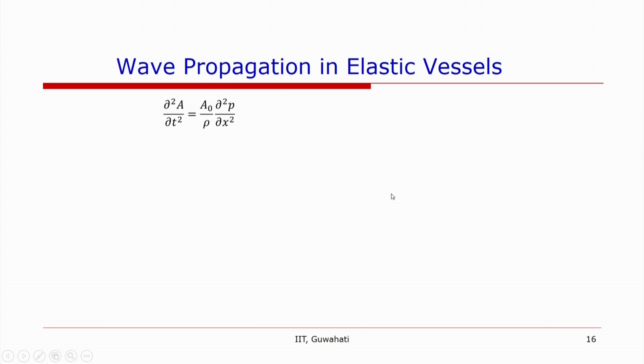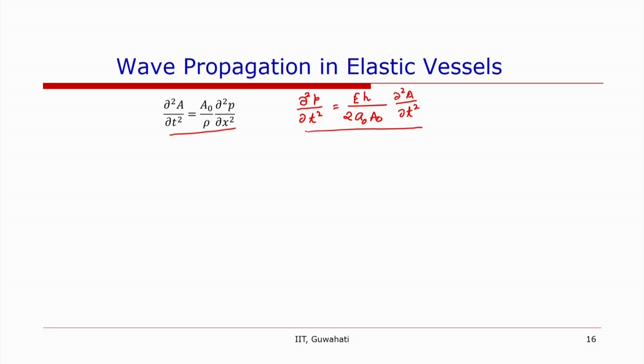So we will just write the equation del 2P over del T2 is equal to EH over 2 small a naught, capital A naught, del 2A over del T2. This is the equation that we obtained from the solid mechanics, and this is the equation that we obtained from the two mass and momentum conservation equations.